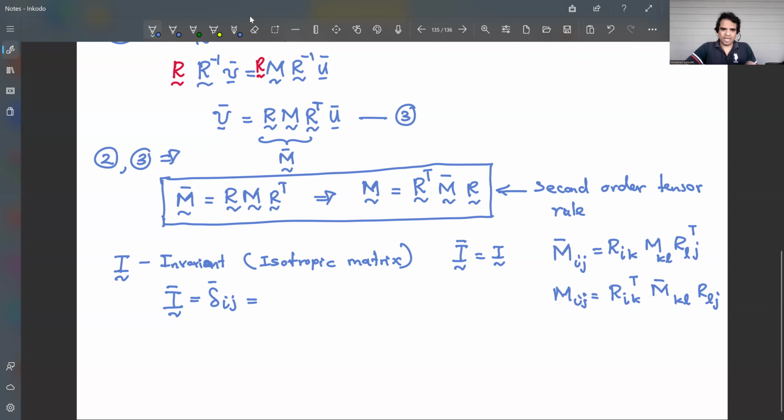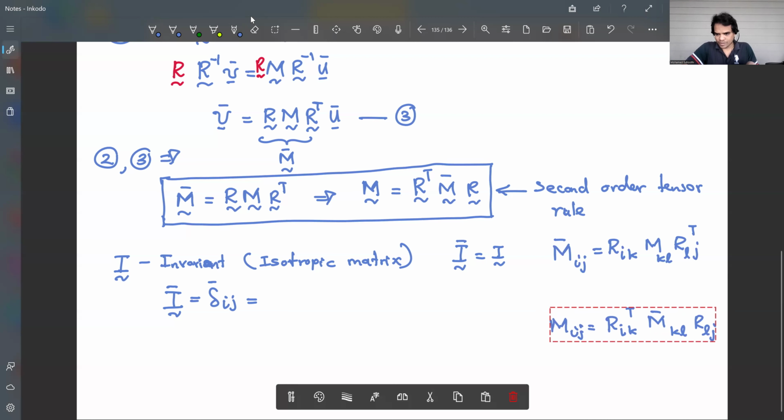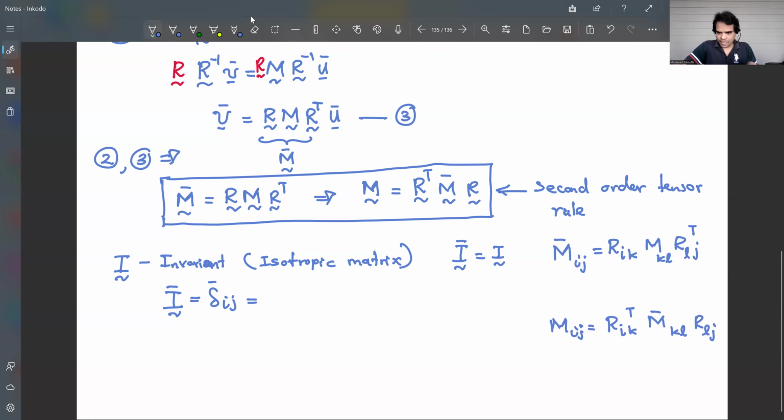So you can use either side. I will do one more thing here. Let me bring this one down. Here I'll keep R I K, then M K L. Because of the transpose, I can just change the index, J L. So normally we write this way, right?